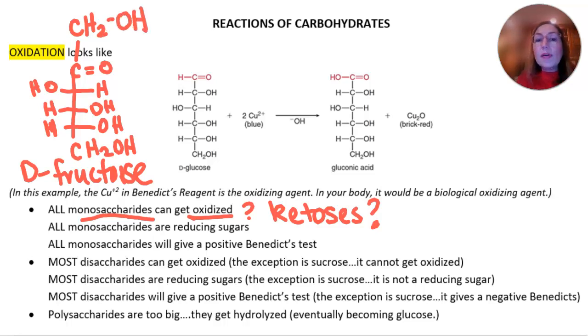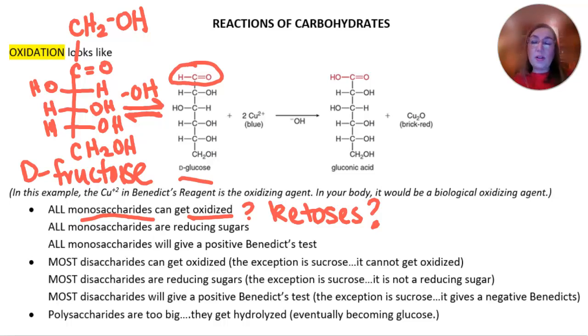So you might be asking, well, how on earth did they get oxidized? Well, in these basic conditions, they are able to isomerize, or essentially get rearranged through an equilibrium in basic conditions where they're in equilibrium with the aldehyde form, so that D-fructose essentially converts to D-glucose.